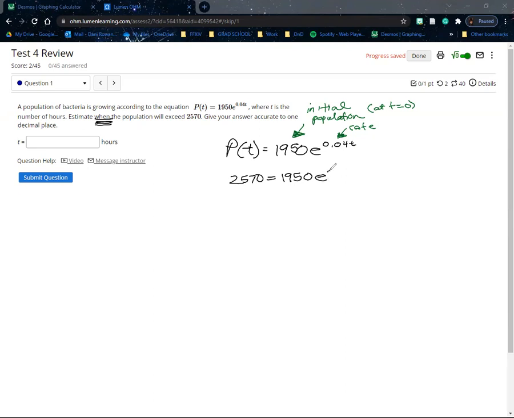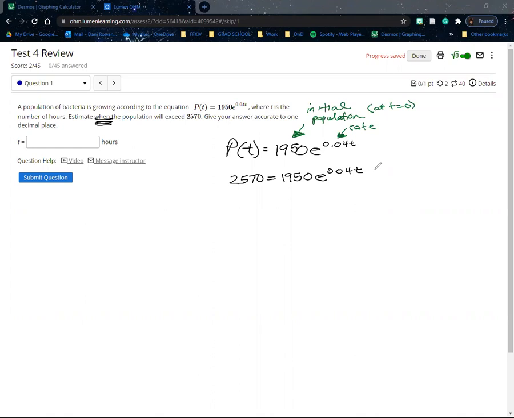Okay, and I'm just going to rewrite this now with what we have. So now we're solving for t. What is our next step here? If we're solving for t, what's our next step?